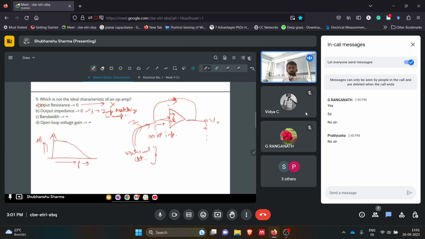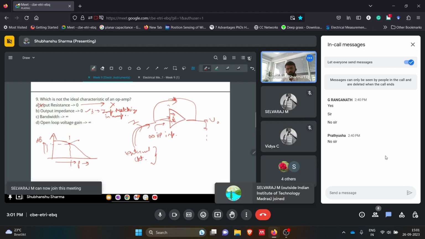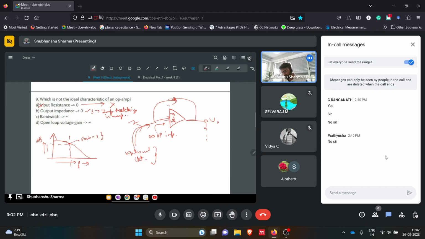Normally you have seen something like this: at a certain frequency it will start decreasing, and the point at which the gain is one, in decimal scale, not in dB, is called the gain bandwidth product.